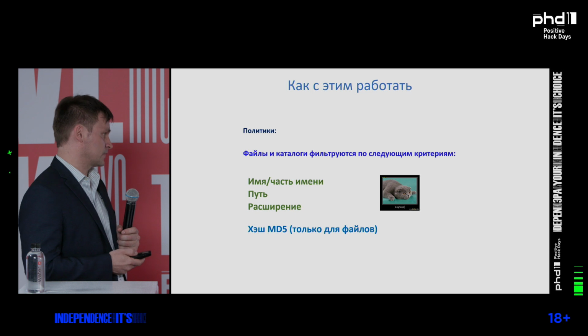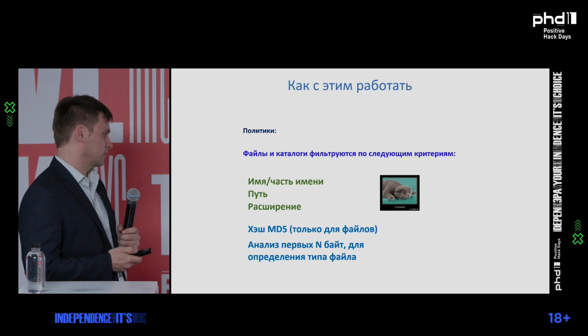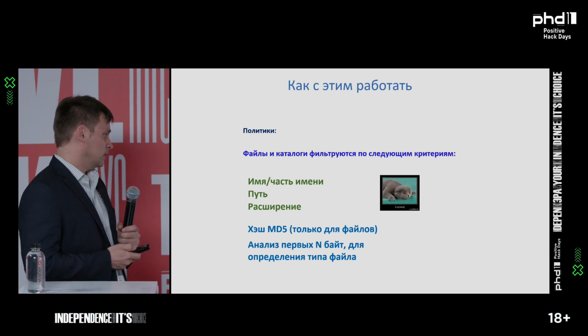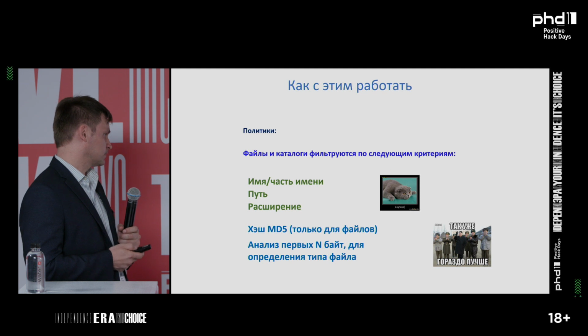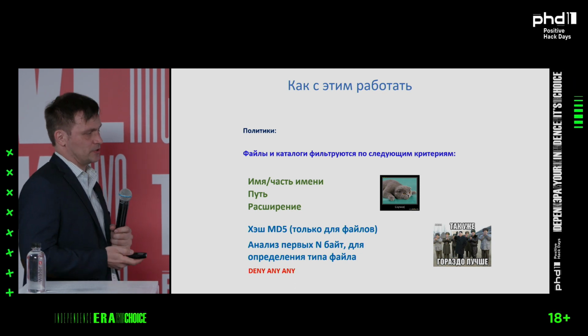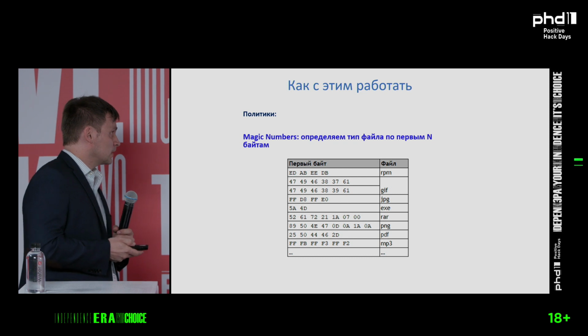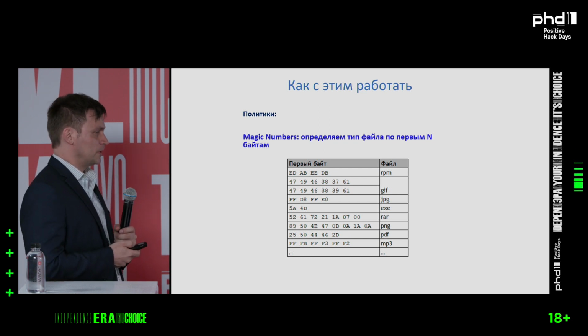But we can also use hash allowances, hash files, and analyze the first n bytes to define the type of a file. And if the file doesn't match any of such criteria, it will not be shown on our emulated USB drive.